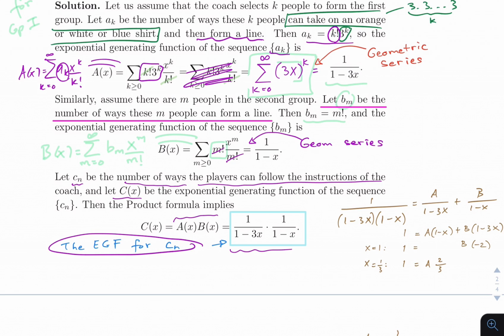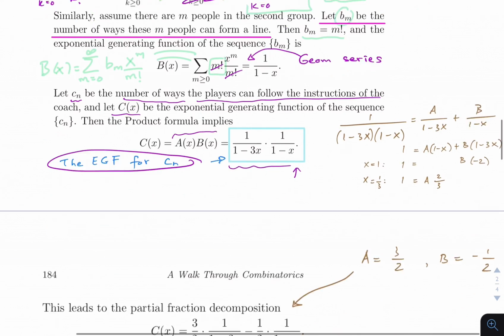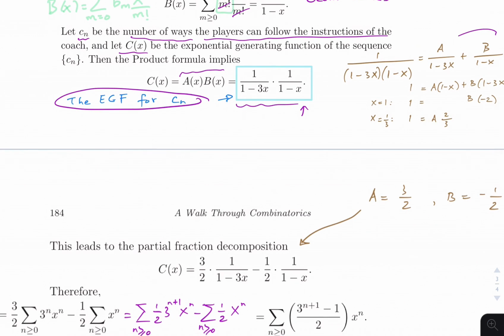So right now it's not in a form where I know how to rewrite this as just one power series, but this looks like something that you can write as a sum of two power series, if you first do the partial fraction decomposition. Here is my work for the partial fraction decomposition.